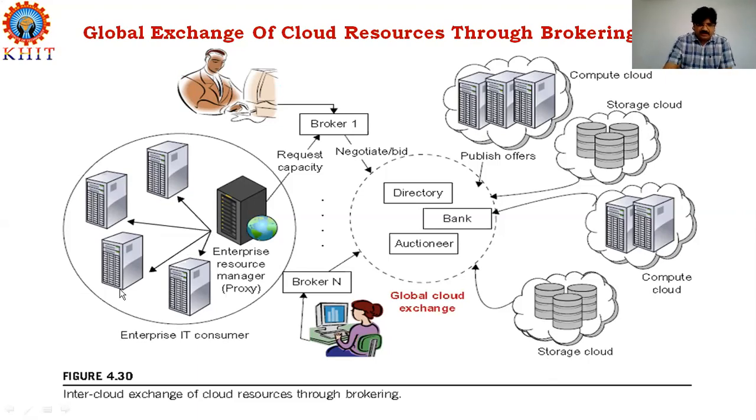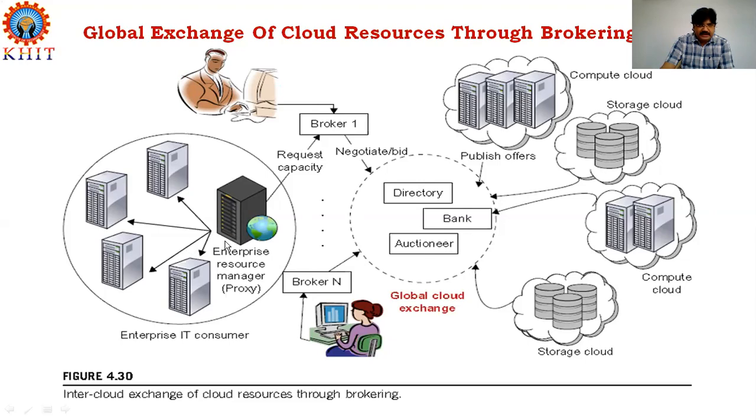Whenever the consumer wants to host his services over a storage cloud or a compute cloud, he cannot interact directly with the computing cloud or storage cloud. So he has to communicate with the storage cloud or compute cloud through a broker that is called a global cloud exchange. Here there are various N number of brokers.